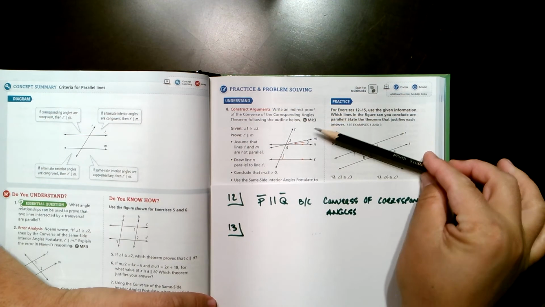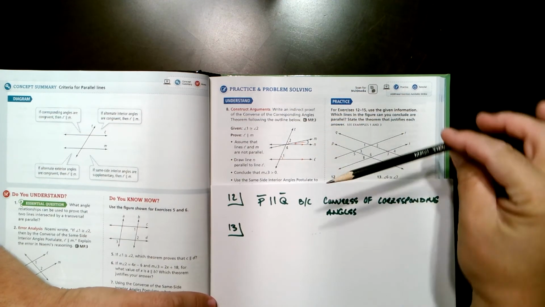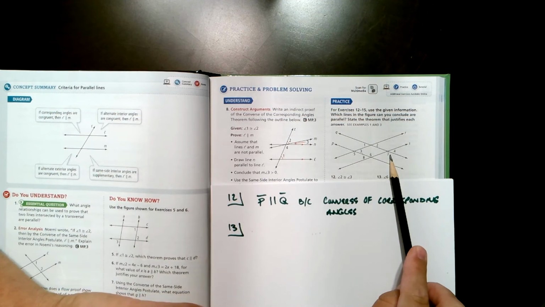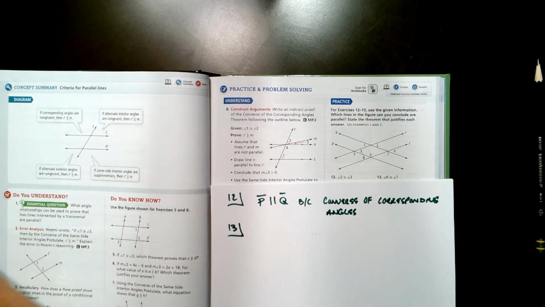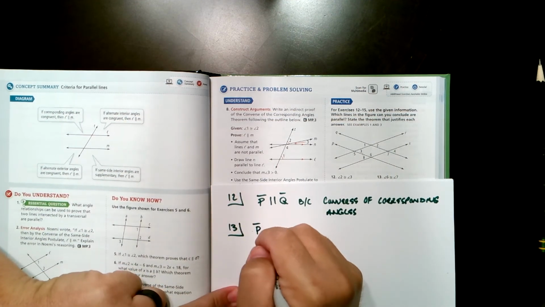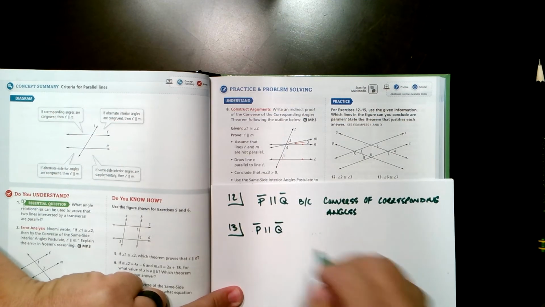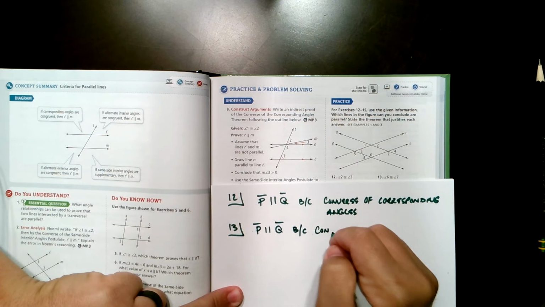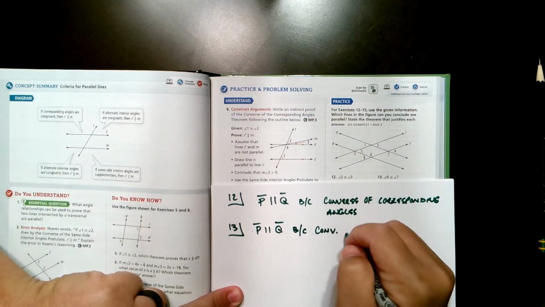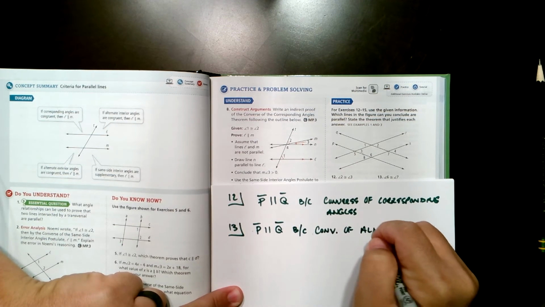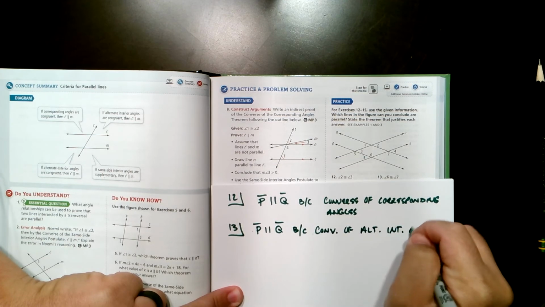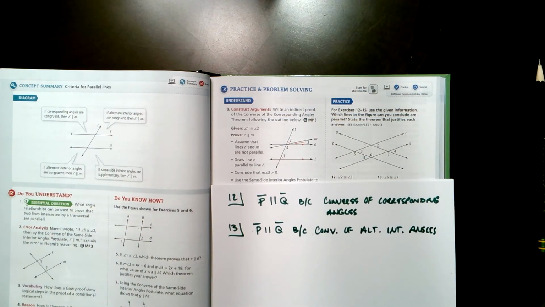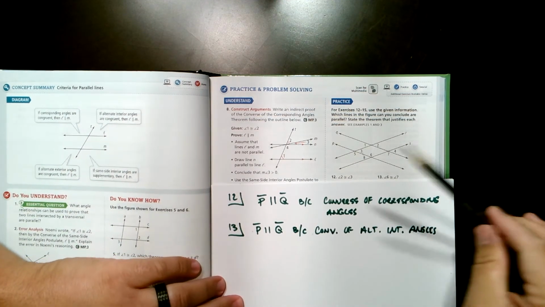I think we're looking at, again, lines P and Q. So if these two are your possible parallel lines, and this is your transversal, angle 6 and angle 7, if those are congruent, I can state that P is parallel to Q because of the converse of alternate interior angles theorem.